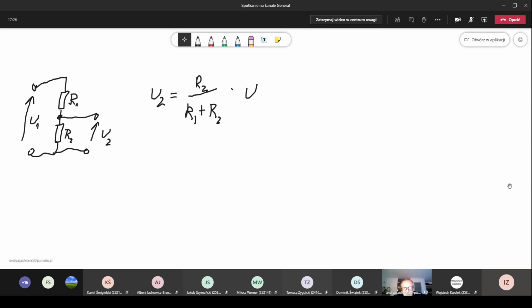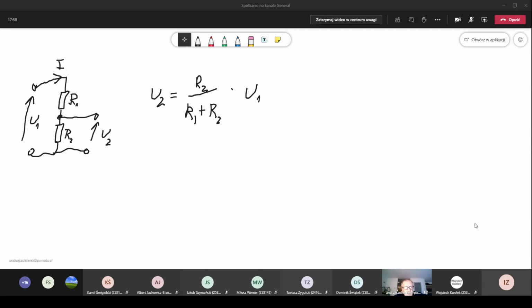It means we should choose proper values of these resistors. How to derive it? It's rather simple, but just see one fundamental assumption. We assume that this voltage divider is not loaded.